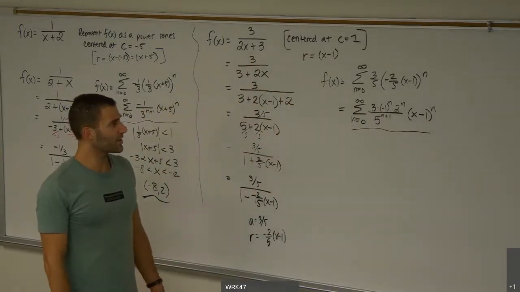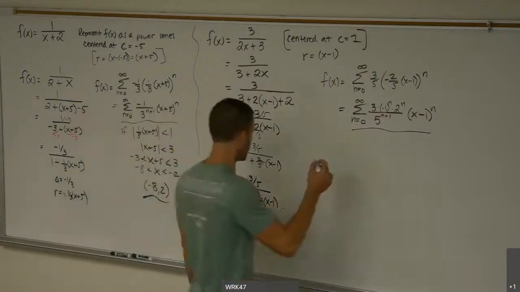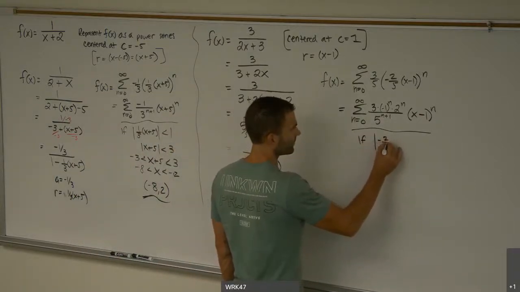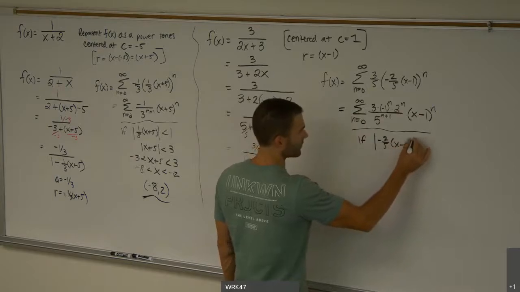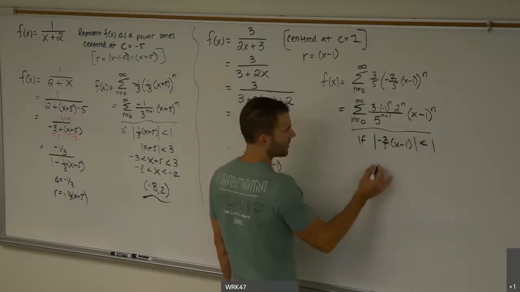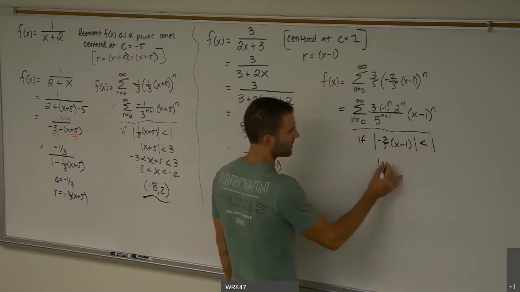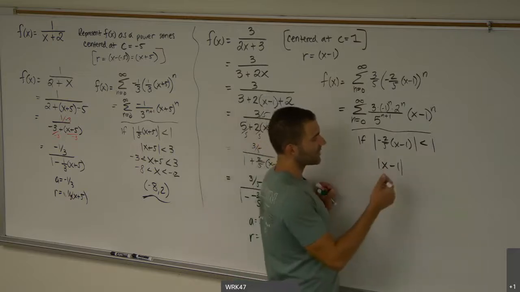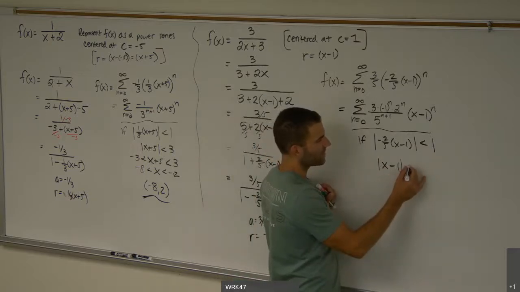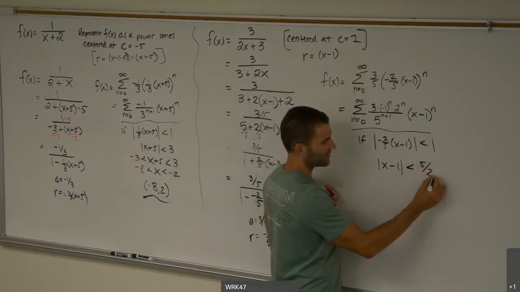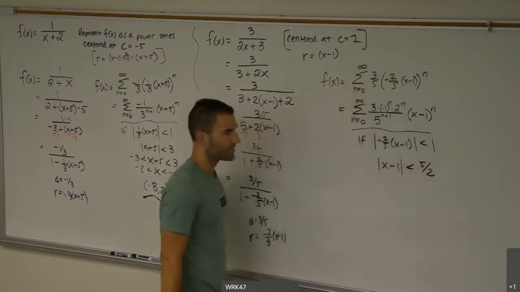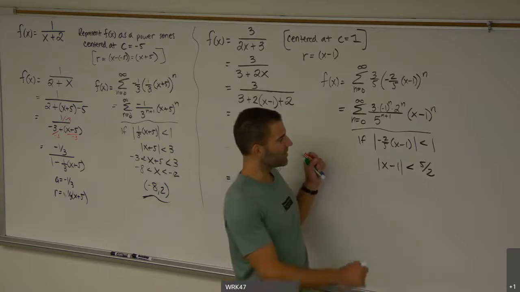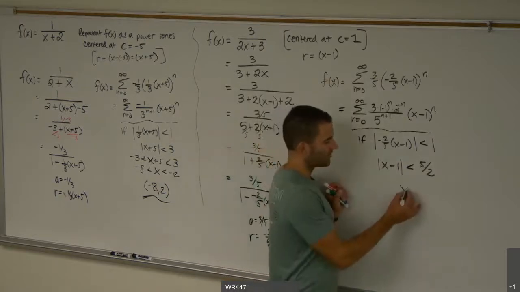And then the only other thing would be, well, okay, for when? For how long is this good, on what interval? And again, that's if the absolute value of r is less than 1. The negative doesn't do anything because of the absolute value. I'll multiply both sides by 5/2, giving me this. 5/2, think of it as 2.5. So I can move 2.5 units away from 1.